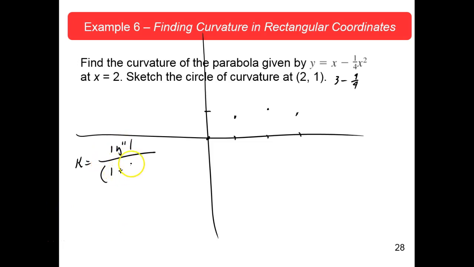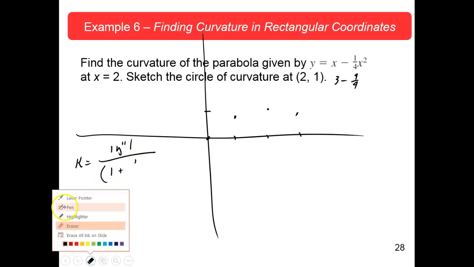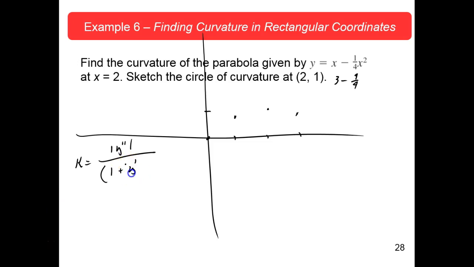1 plus f prime, let's not mix them up, let's call it y prime, y prime squared to the 3/2 power. Okay, so what you reckon we got to do first? Second?